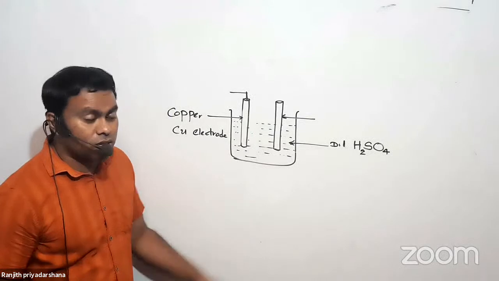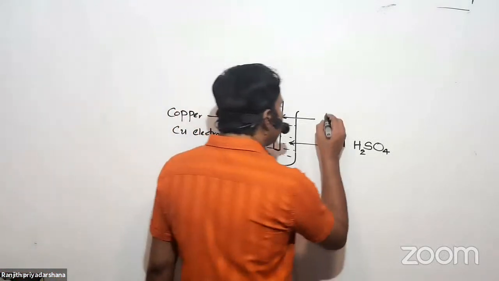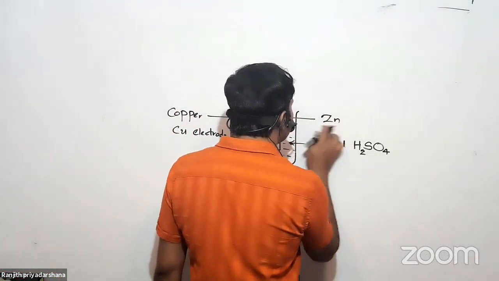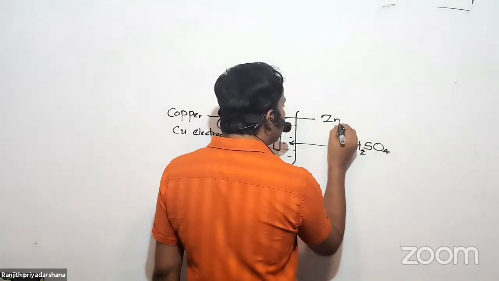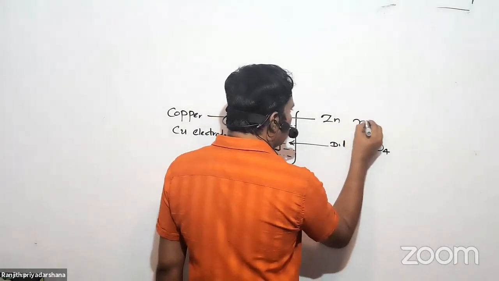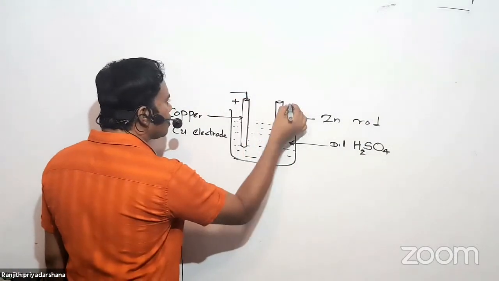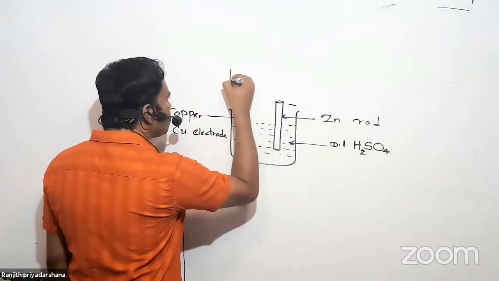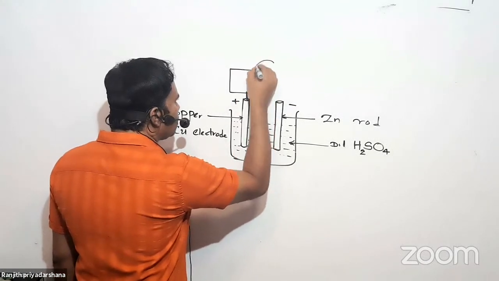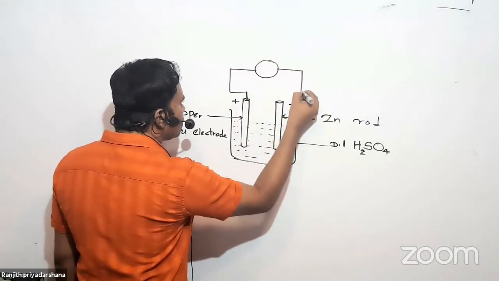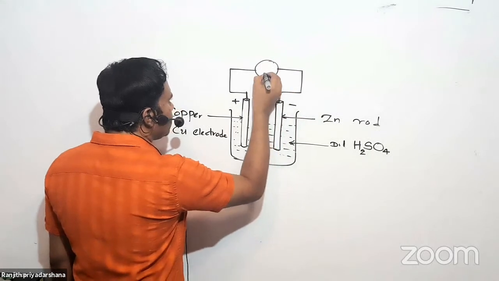But in grade 10, when it comes to that, we write the chemical reactions inside. So in that case, you write zinc there, but it's a negative terminal. Zinc rod. Yes, this is the positive terminal, negative terminal. And the center zero galvanometer is connected here.